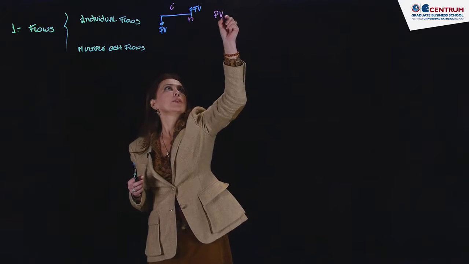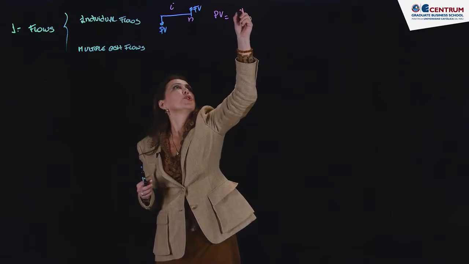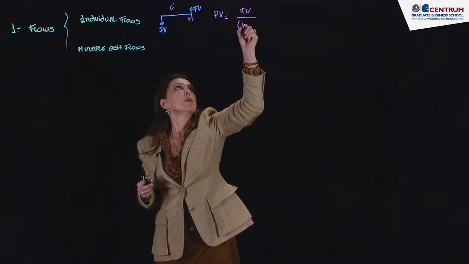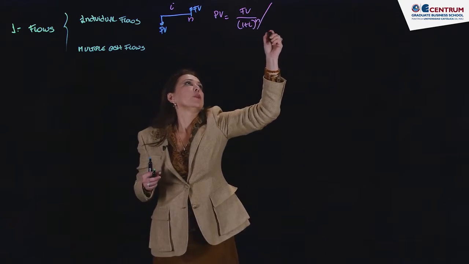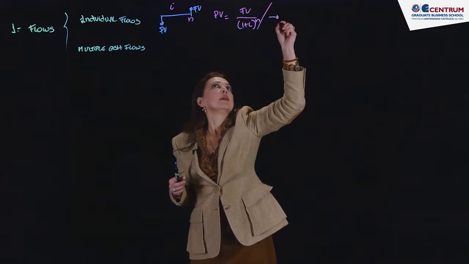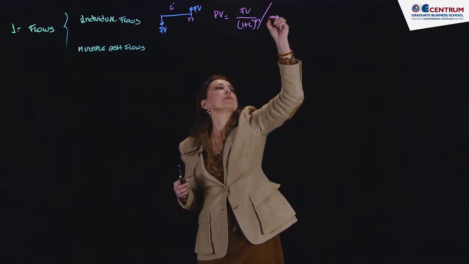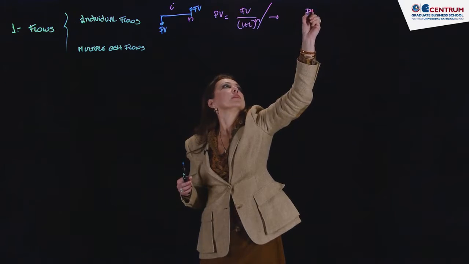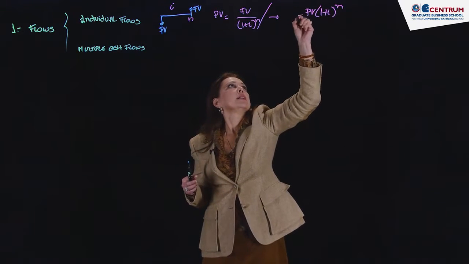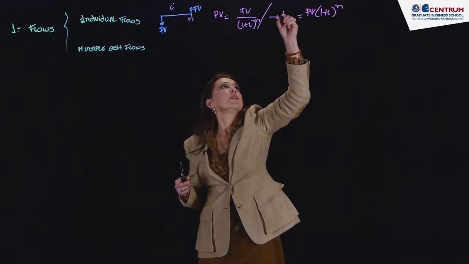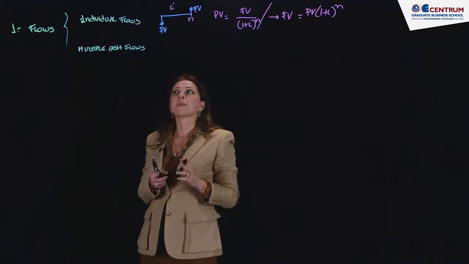Present value is going to be equal to future value divided by 1 plus I to the n. In the same way, present value multiplied by 1 plus I to the n is going to give us the future value.